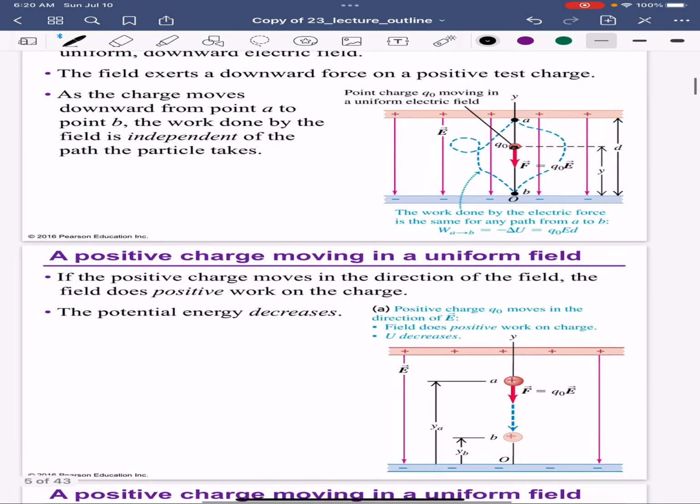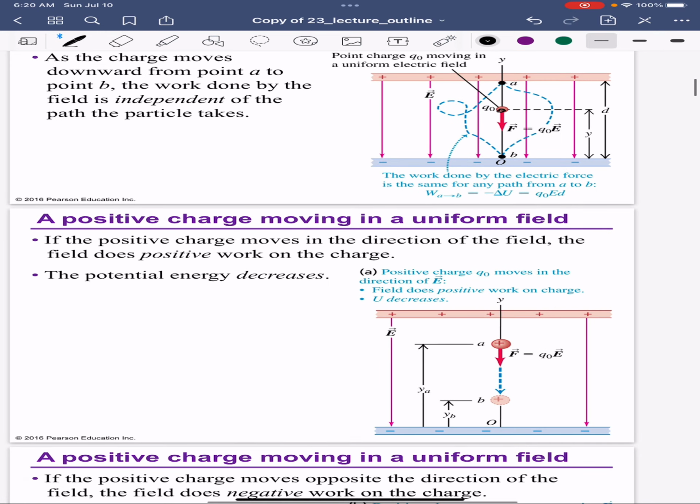Now, we are going to understand the idea of potential. It's similar to the gravitational potential energy. Whenever we have a field and a conservative force, we are going to have a potential energy function related to it.